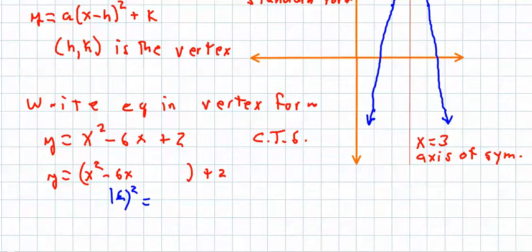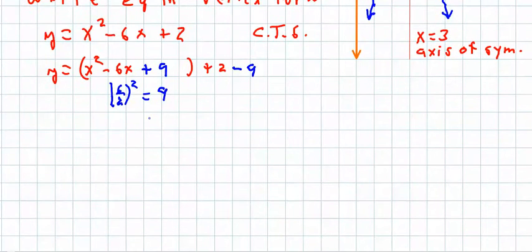Half of 6 is 3. 3 squared is 9. We're going to add 9 to this side, and we're going to subtract 9 from this side. It's just like adding 9 to both sides of the equation, but instead of adding it to this side, we're just going to subtract it here. I add 9 and subtract 9, it's the same thing.